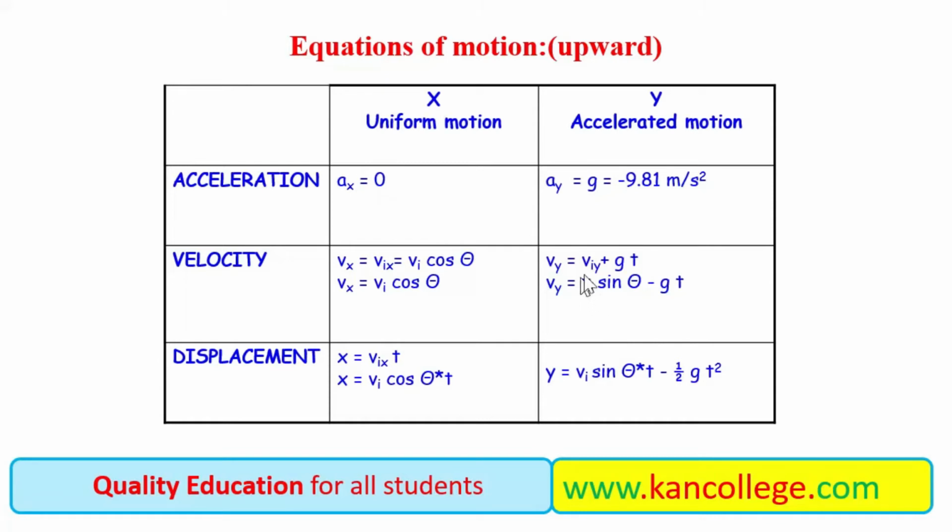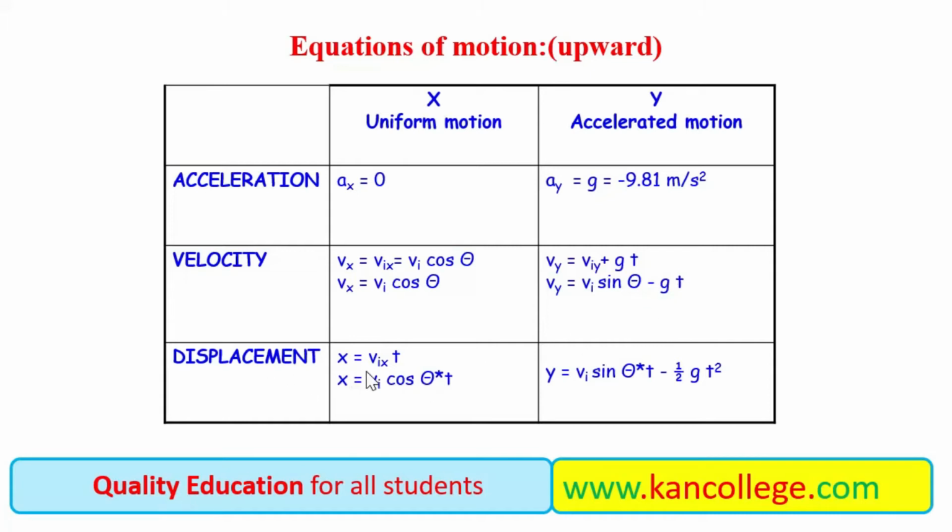You can see that vi sine theta was initially given, and it doesn't change. vi sine theta is a constant term at a certain angle. When we throw the ball at some angle theta initially, theta is fixed now, and vi sine theta is a constant term. The only term which changes is gt, which depends upon the time. g is a constant value, 9.81. As the time changes, this term changes. So the overall velocity along the y-axis will change because of this term.